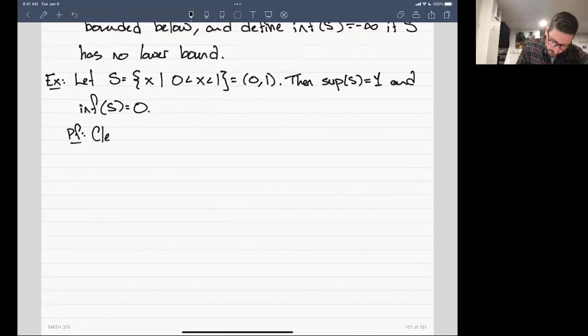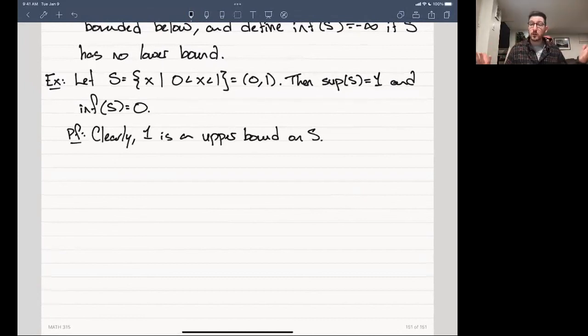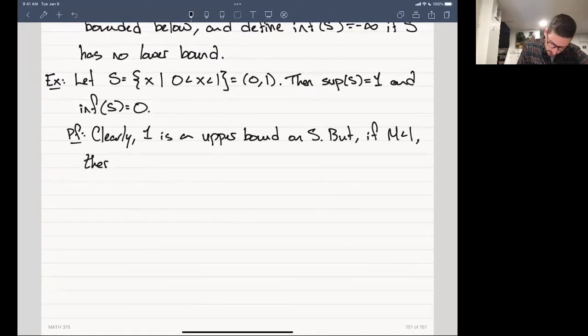So first of all, clearly, 1 is an upper bound on S, right? So it's bounded above. I could have chosen 2 or 3 or 8 or anything like that. This has an upper bound, and by the previous theorem, this tells us that there is a least upper bound. But if m is less than 1, then there exists some x in S that is bigger than m.